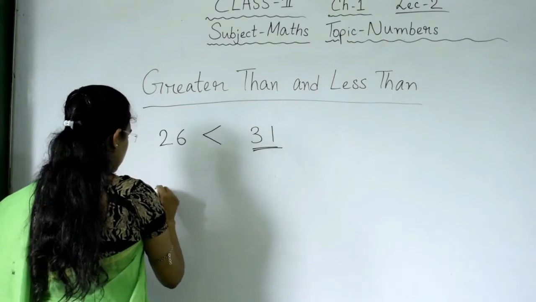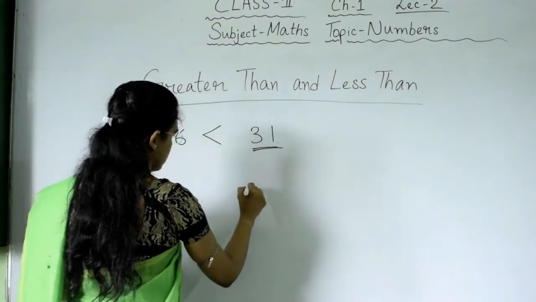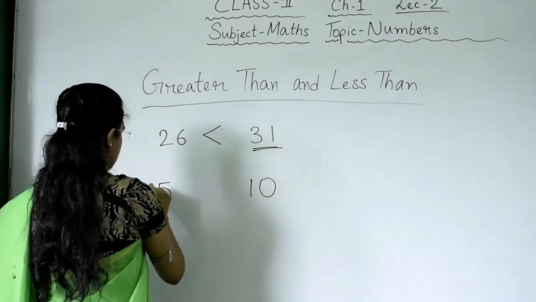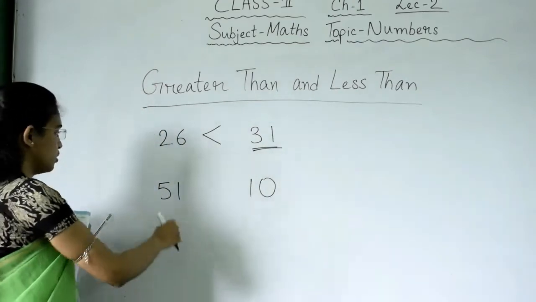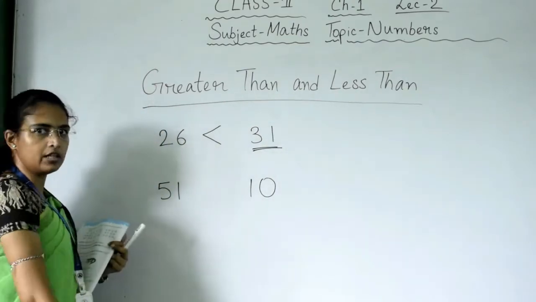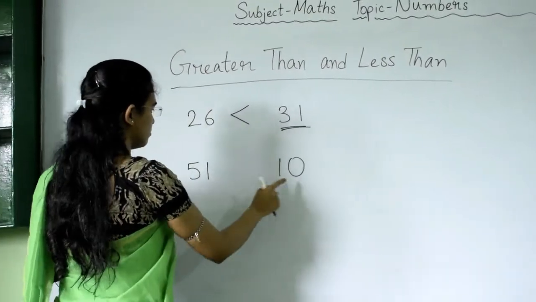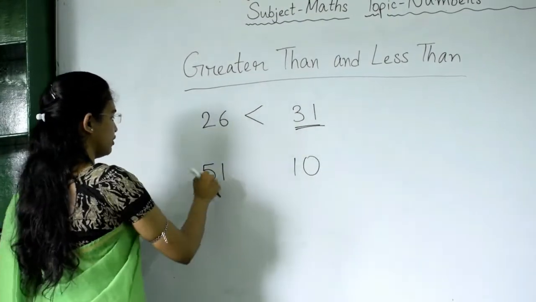Now if I give you 51 and 10, two numbers, one is 51 and another one is 10, which one is the biggest number, 51 or 10? 10? No, 51, right?